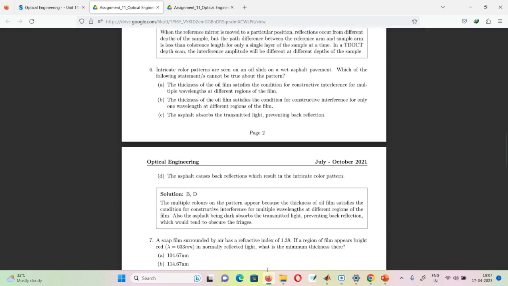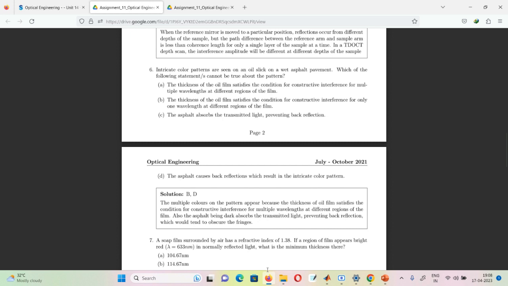The thickness of the oil film satisfies the condition for constructive interference for only one wavelength at different regions of the thin film. If it's satisfying only one wavelength, you cannot see multiple colors.